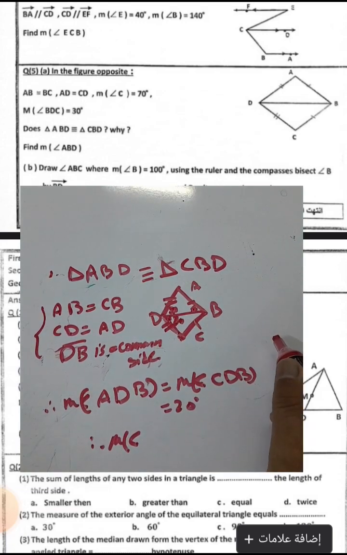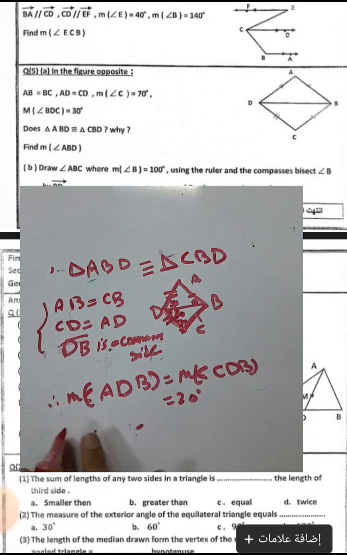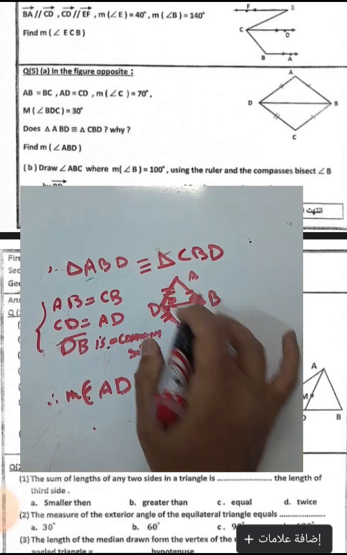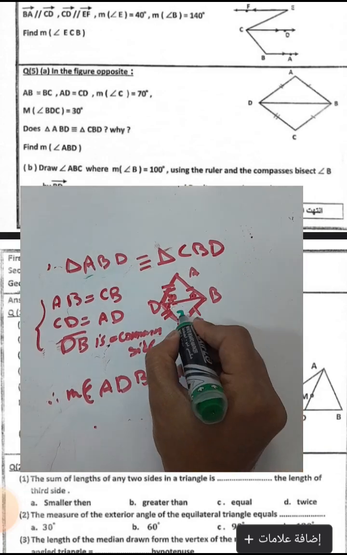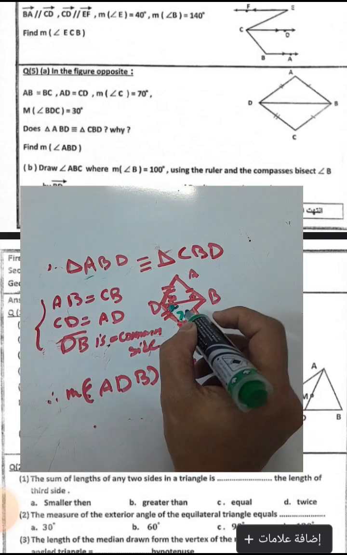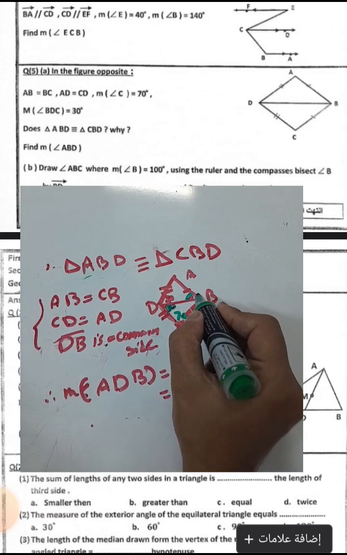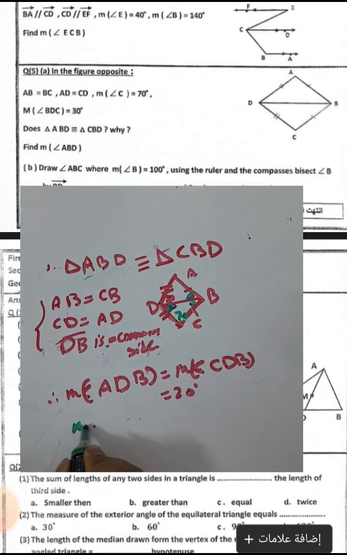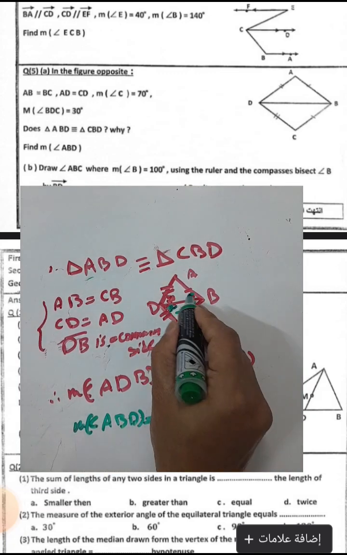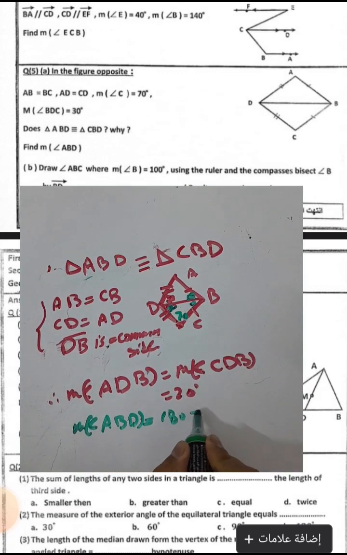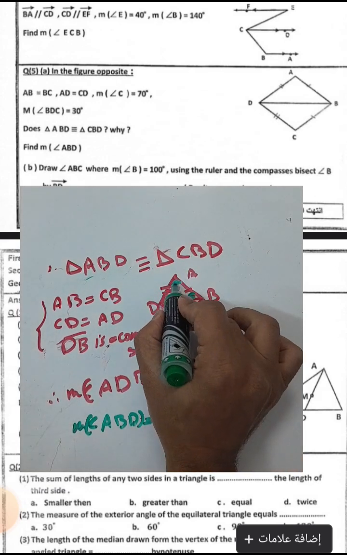He gives us two angles. The measure of angle C is 70 here. He gives us this angle was 70, and here 30 is 30. Then we can find the measure of angle ABD. The measure of angle ABD will be 180 subtract the sum of 30 plus 70, because this angle will be 70, equal to this angle.